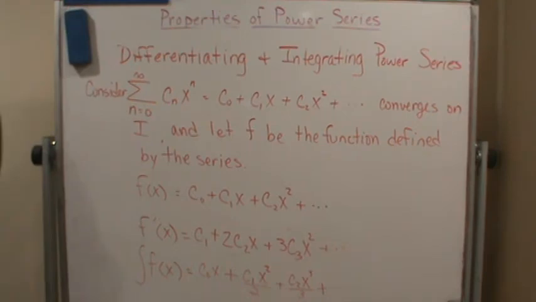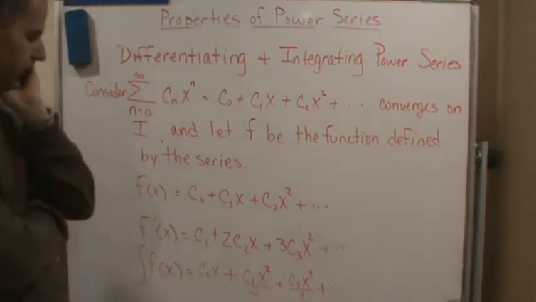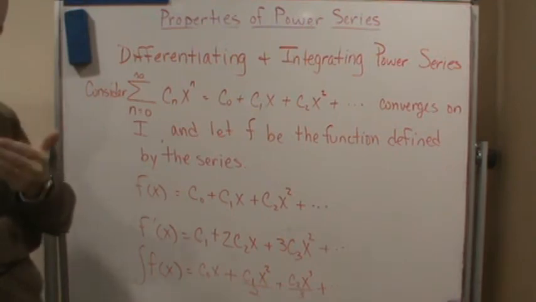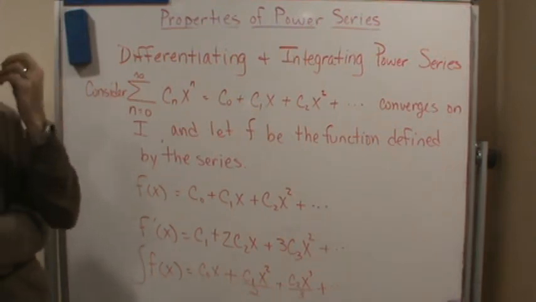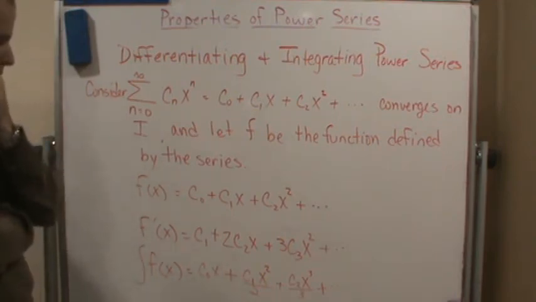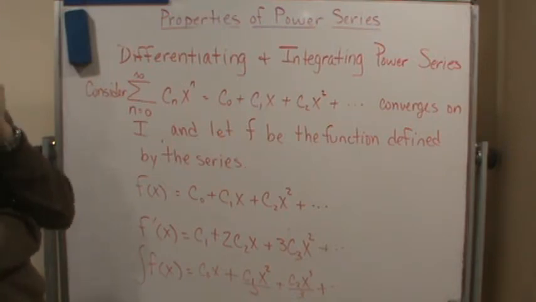Well, it turns out we're going to show that if you have an infinite series that converges on a particular interval, you can integrate the series term by term or differentiate the series term by term.